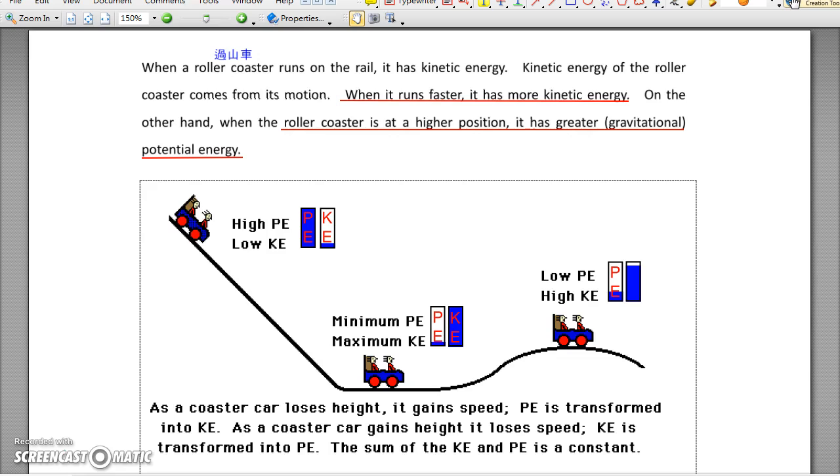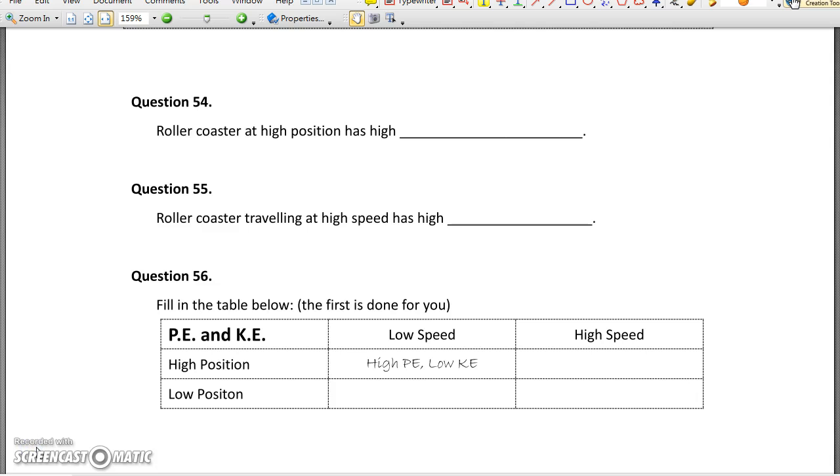Simply speaking, when the roller coaster runs faster, it has more kinetic energy. When it is at a higher position, it also has a greater gravitational potential energy. Try these questions after the video.